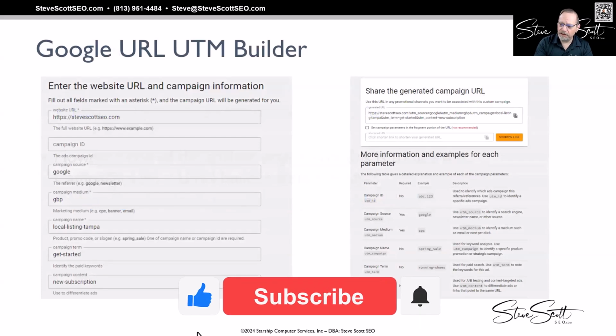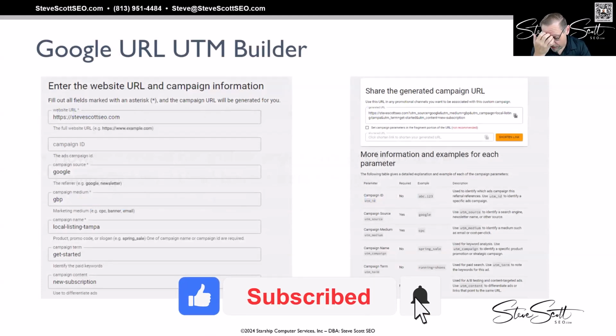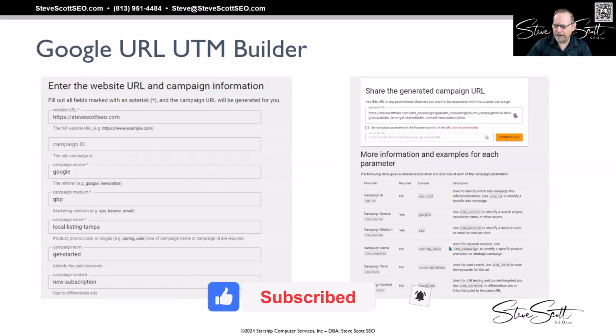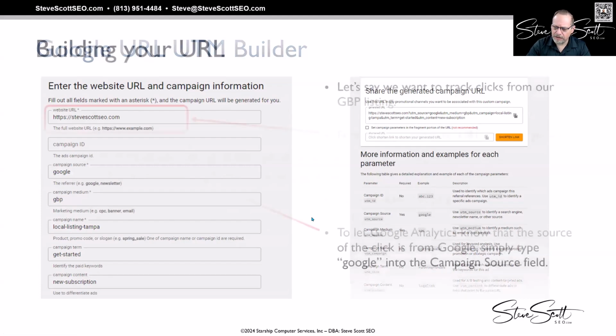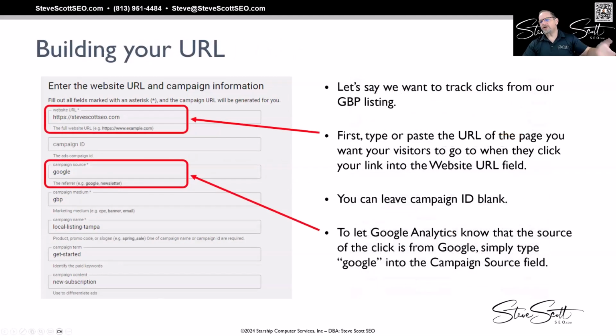So again, just building through it here, I'll grab that same screenshot and put it in here. And there's also at the bottom of that, it talks more about what these parameters represent, whether they're required or not, and then some examples of what they're used for. So I tried to include that here in the documentation so you could see it. But basically, if you wanted to track clicks from a GBP listing, first thing is just type or paste the URL, the page you want.